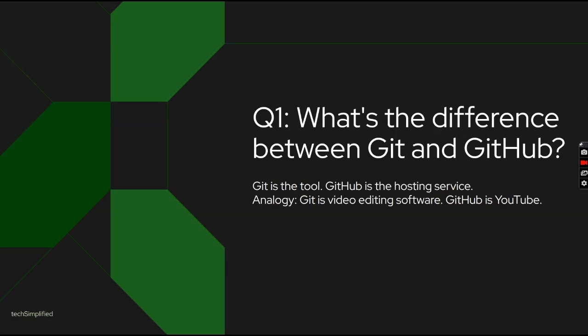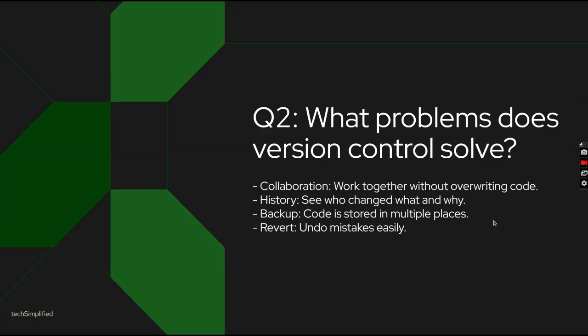It's a web platform that provides a central location for all the Git repositories. It's like Google Drive for your Git projects. The next question is, what problem does version control solve? It solves four important problems: collaboration, history, backup, and revert.